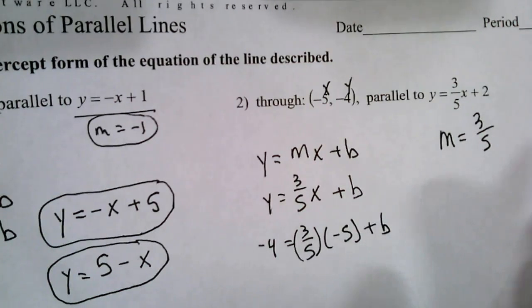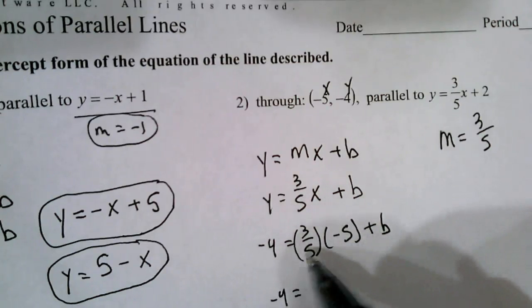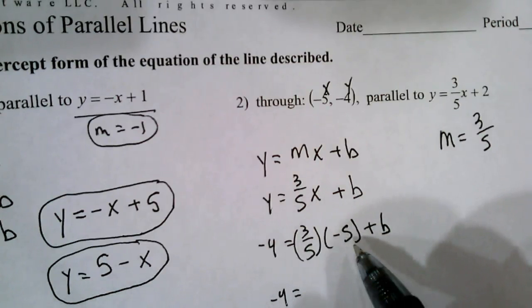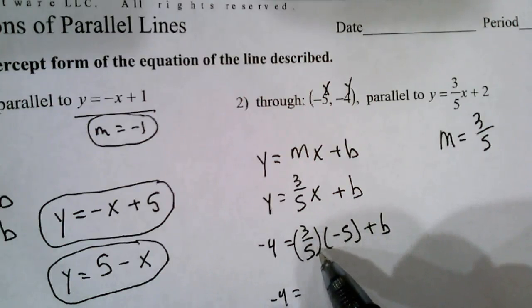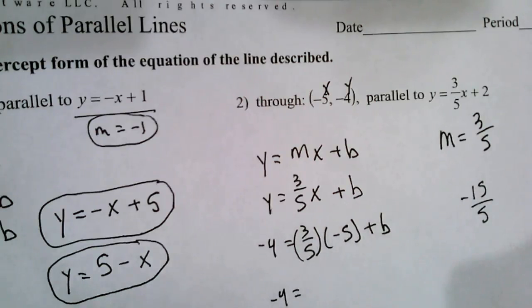If you use your calculator to check this, 3/5 times negative 5, by the way, you just multiply the numerator of the fraction by the 5, so it's 15/5. Of course, it's negative. And 15/5 is the same as 15 divided by 5, which just equals 3.